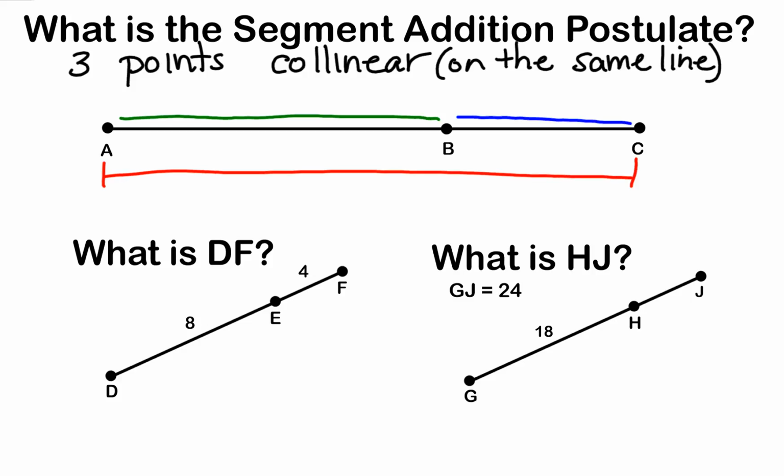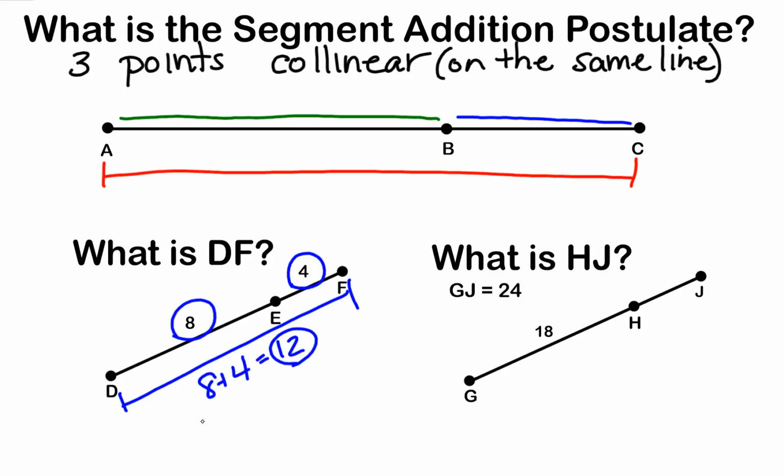So using that postulate, I can look at this segment down here, DF, and I know I can take 8 and 4 and add them together, so the whole segment would be 8 plus 4, or 12. So DF equals 12.